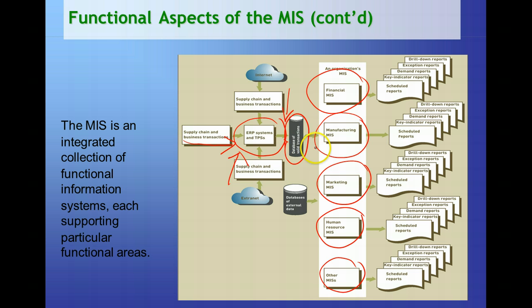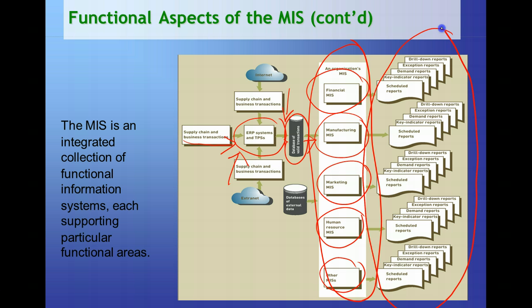Next, the information will be propagated to the respective MIS. For each of the MIS, you will have its own distinct set of reports. The reports that we have mentioned in the earlier section: scheduled reports, key indicator reports, demand reports, exception reports, and drill down reports.